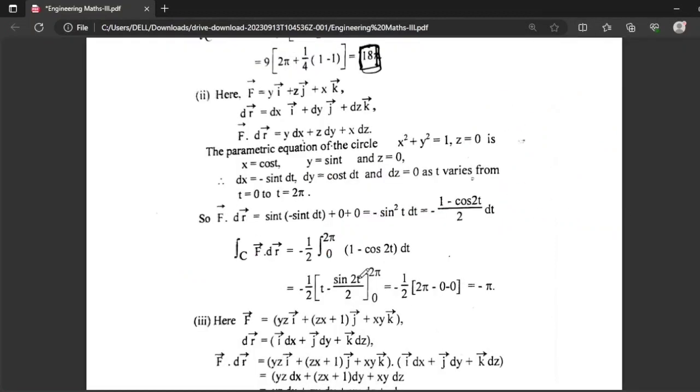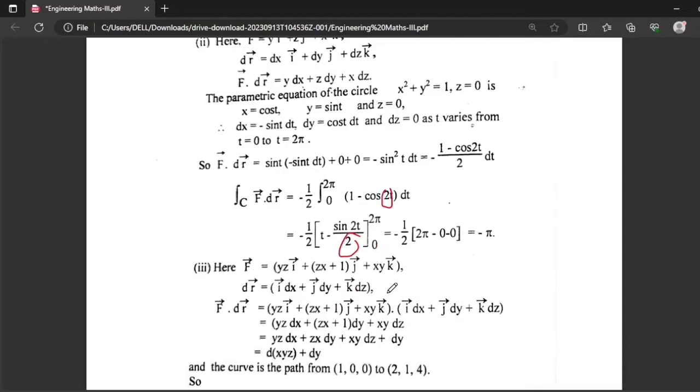Now the minus and the 2 taken outside, it is minus 1 by 2, and the integration limit is from 0 to 2 pi, and the remaining is (1 minus cos 2t) dt. So the integration of 1 is t, and the integration of cos 2t is sin 2t divided by this 2.